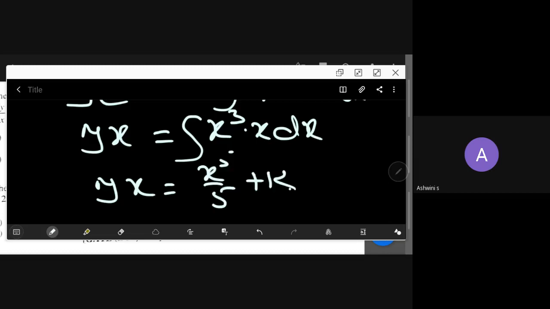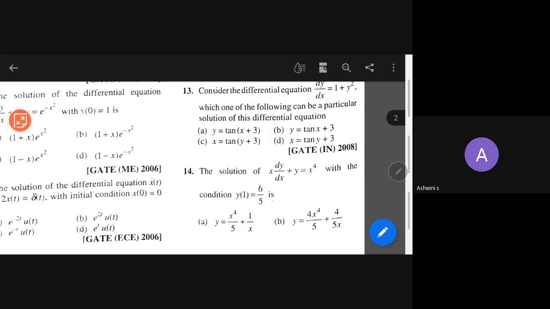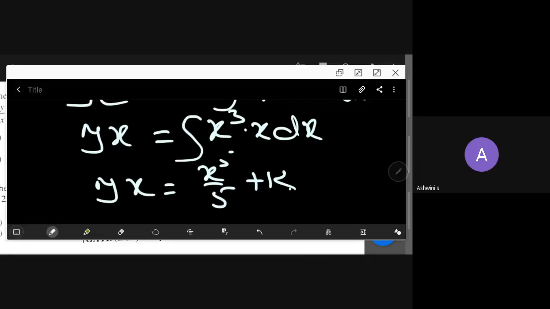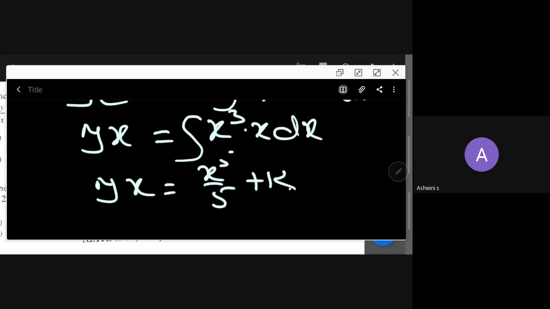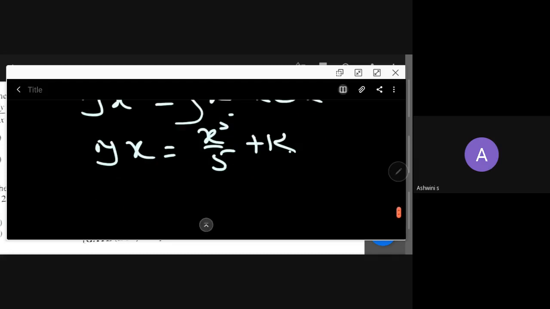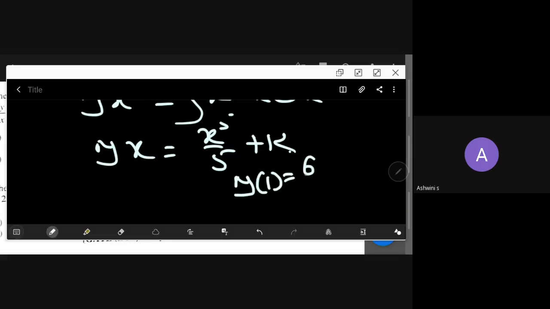That is the constant. But he has given an initial condition here. What is the initial condition here? The initial condition is y of 1 is 6 by 5.